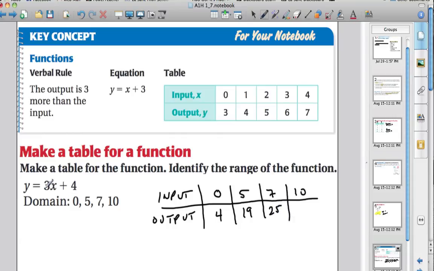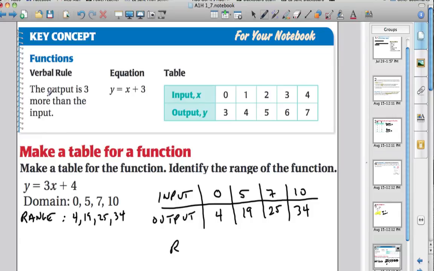And when x is 10, 3 times 10 is 30, plus 4 is 34. Okay, so that's making the function, and my range then, let me put the range underneath the domain: 4, 19, 25, and 34.